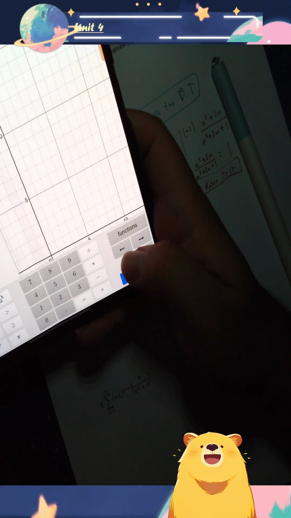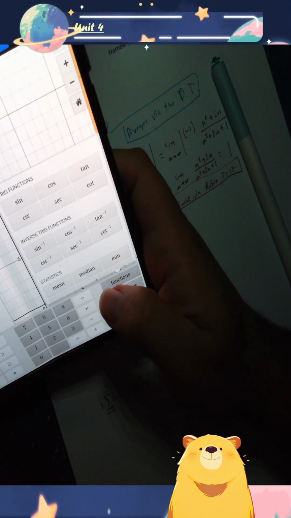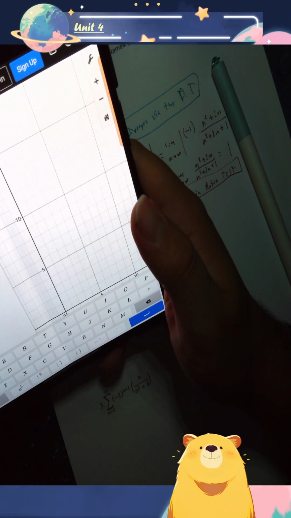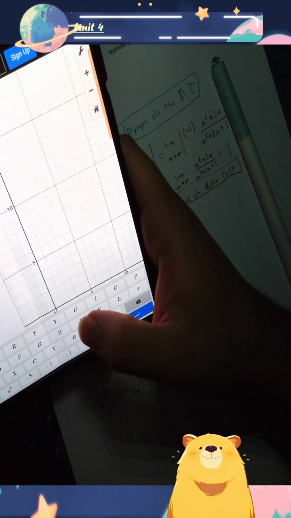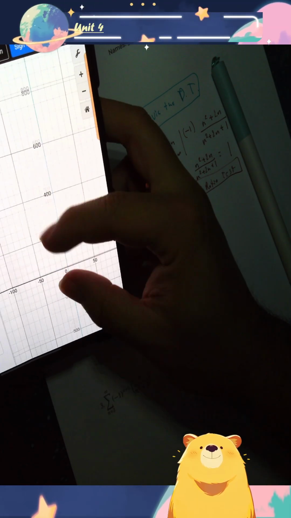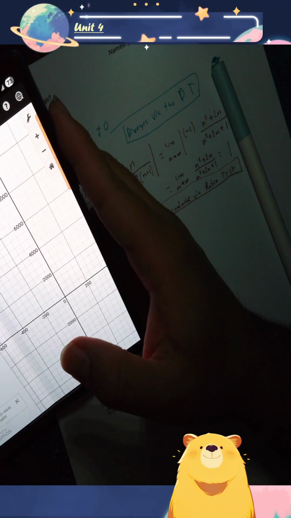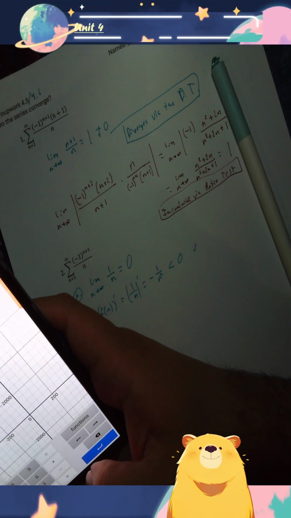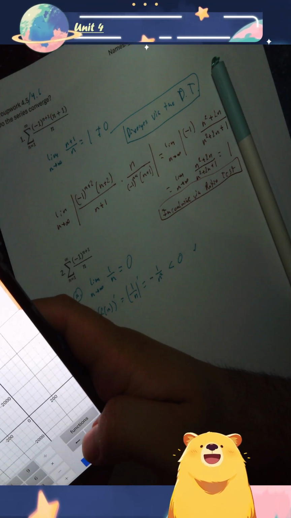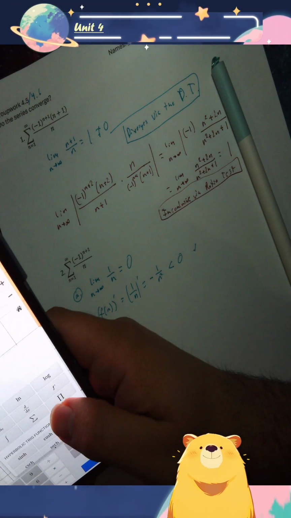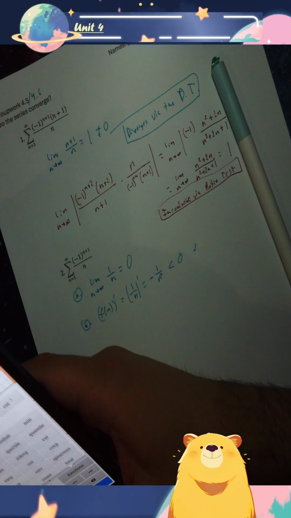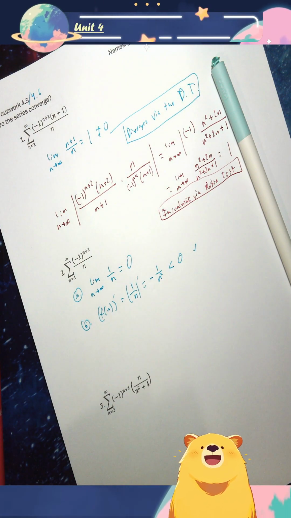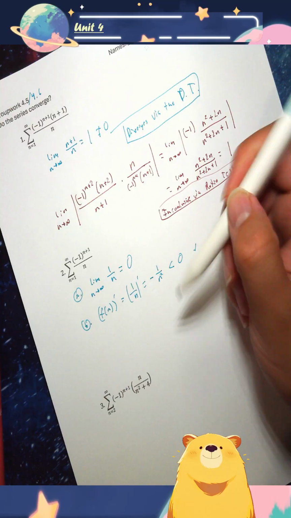I forget whether it's a comma or semicolon for Desmos. Let me see real quick. I want to say it's a semicolon, but I can't access it here. Either way, you can see that from 1 and above, the slope is negative.